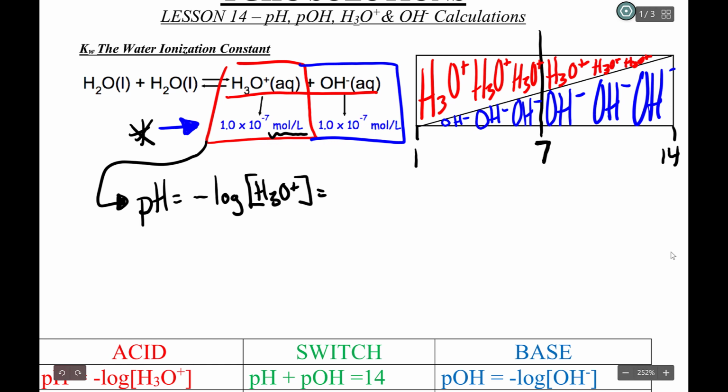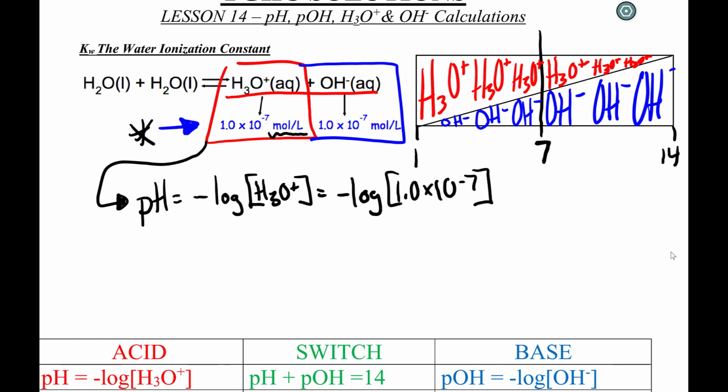So what that would be is the negative log of 1.0 times 10 to the negative 7. Now, if you know anything about base 10 logarithms, if you have 1 times 10 to any negative power, it is that value. So the negative log of 1 times 10 to the negative 7 is literally 7.